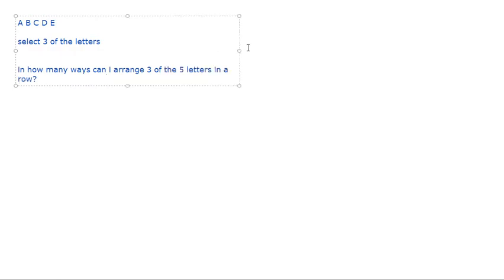So now, if I were to ask you, in how many ways can I arrange 3 of the 5 letters in a row? So there are 3 seats in the row where these guys are going to sit down.